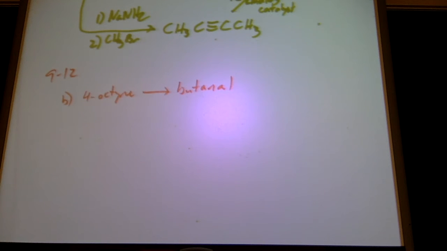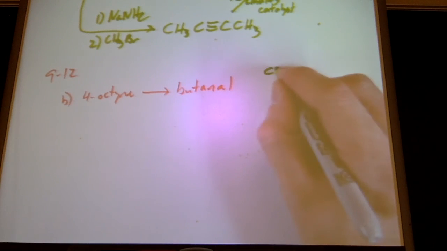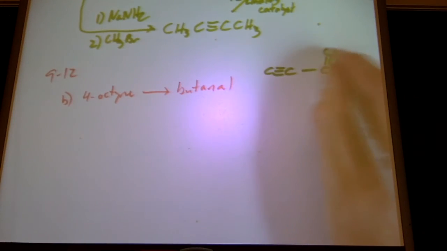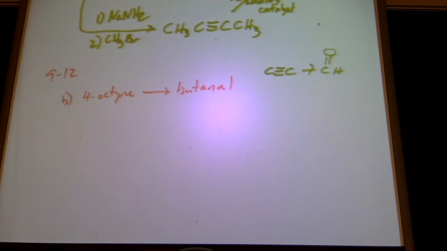I'll do 4-octyne and go to butanal. So what are my differences between my starting material and my product? I have a triple bond and want to go to an aldehyde.